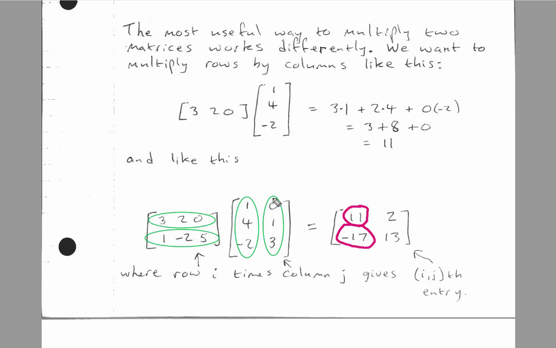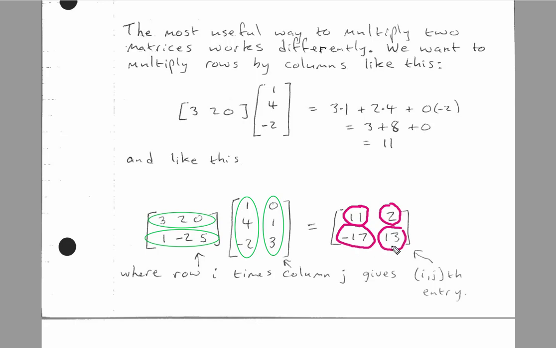Then first row times second column to give this number. And second row times second column to give this number. Is that 13, right? So it's 1 times 0 plus -2 times 1 plus 5 times 3.